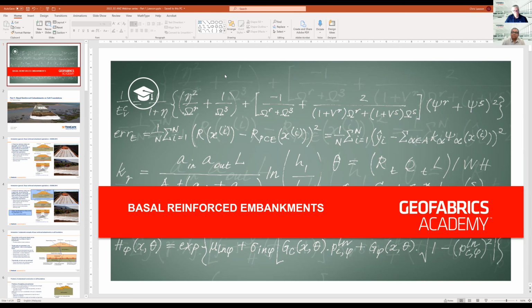Generally, for this sort of application, that's not a limiting factor. What you find is that basal reinforcement, whether it's woven polyester or geogrid, develops a very good bond resistance with any adjacent materials.